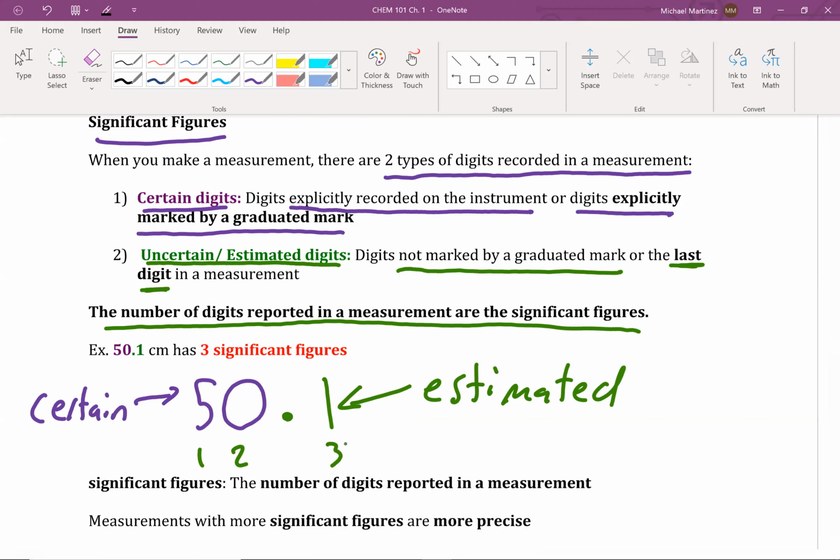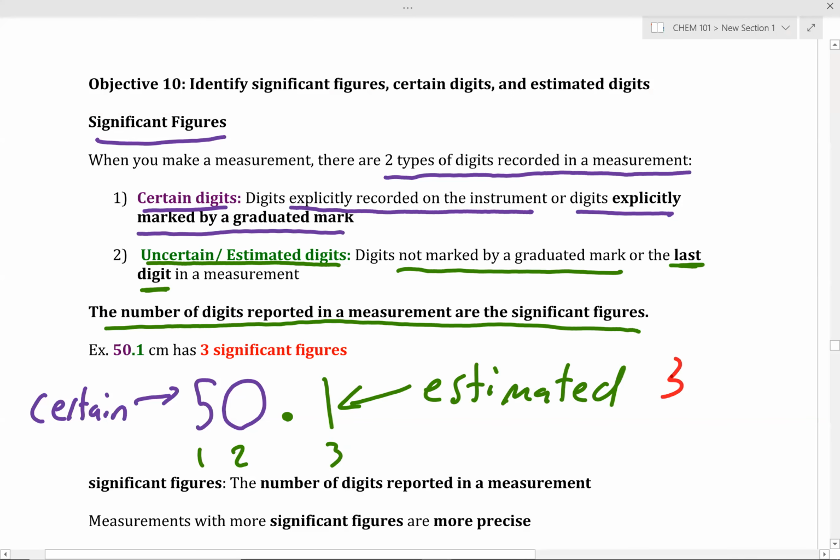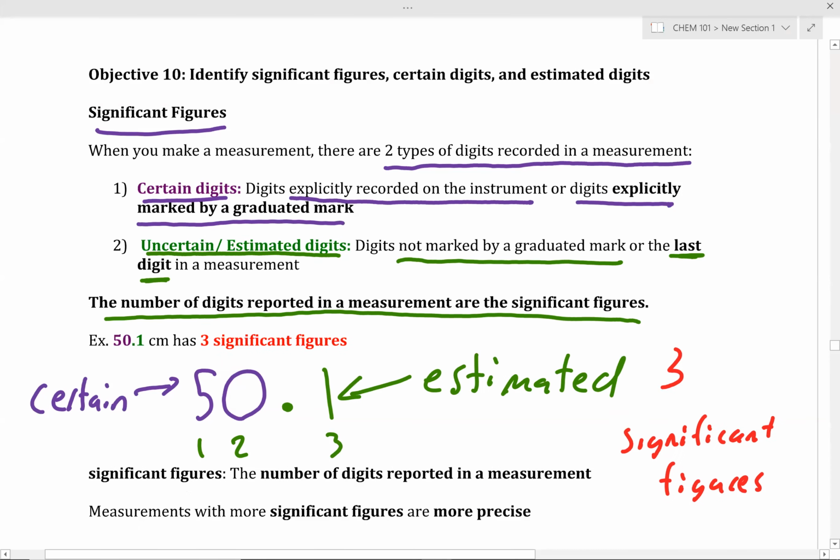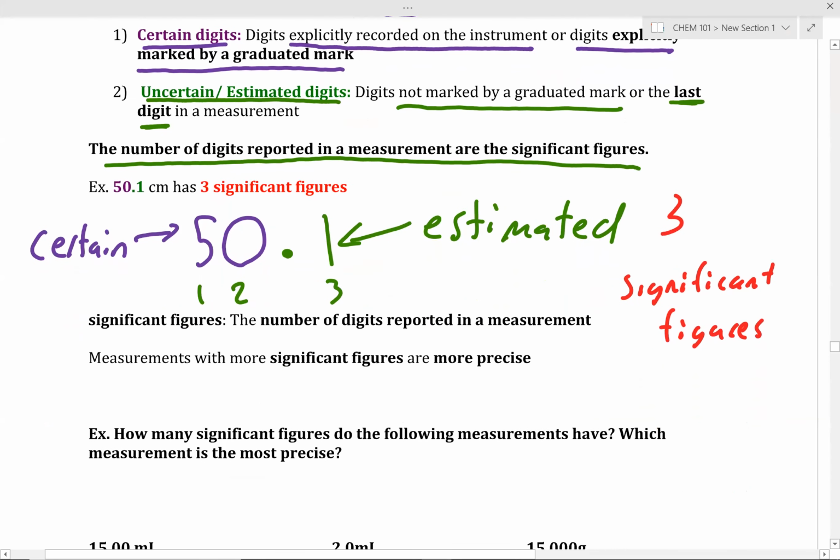So we have a total of 3 significant figures. Another definition of significant figures is the number of digits reported in a measurement. In general, if you have more significant figures, you're dealing with a more precise measurement.